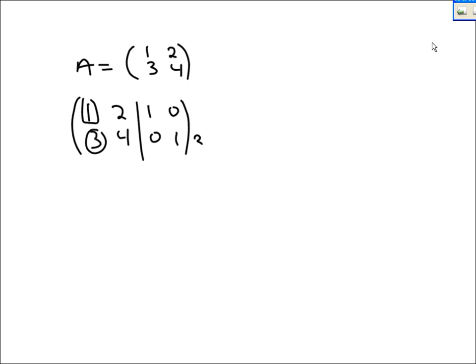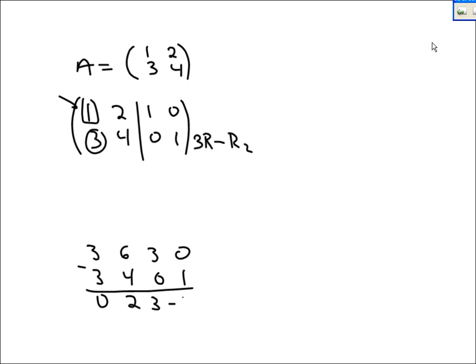So I'm going to triple row 1, which will put a 3 right here. And then I'll just take away row 2. Here is triple row 1. Here is row 2. If I subtract, I will get this. So I have 1, 2, 1, 0, 0, 2, 3, negative 1. Okay?